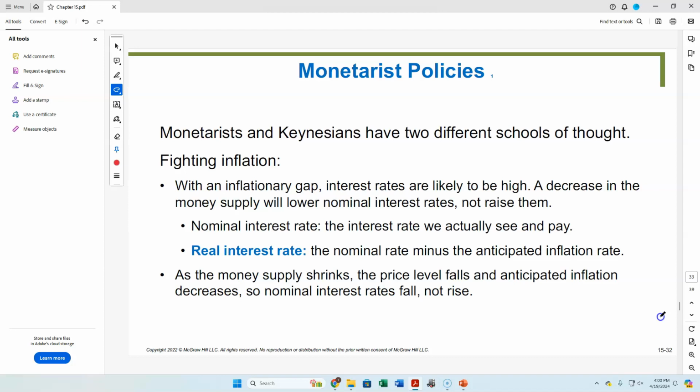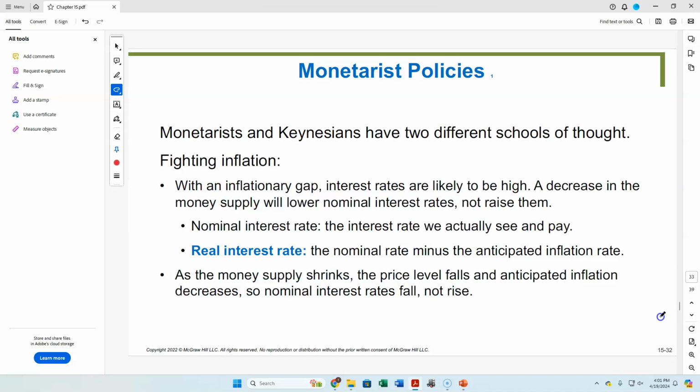And this debate actually still rages right now. The monetarists and the Keynesians just have very different beliefs about the role of the Federal Reserve and the role of money supply in the overall economy. When it comes to, for instance, fighting inflation, the monetarists would say we need to focus on the money supply. In this case, we need to reduce the money supply in an attempt to control inflation.